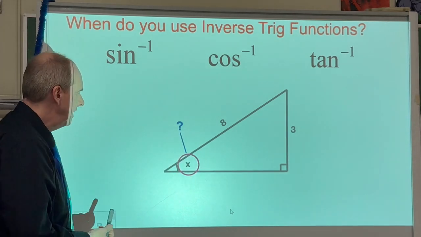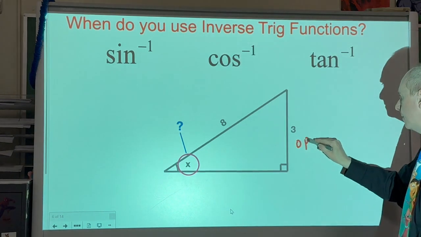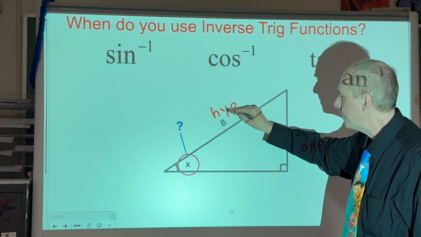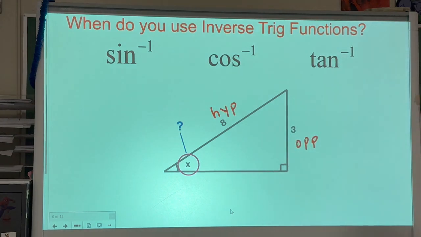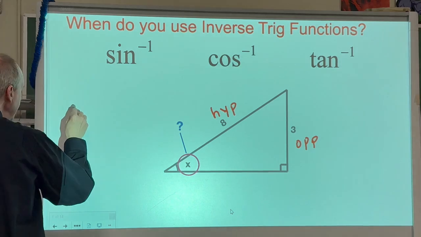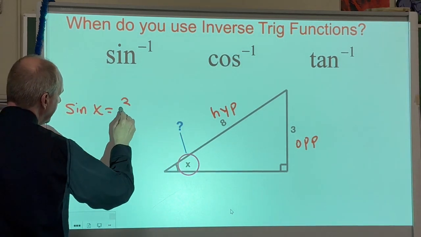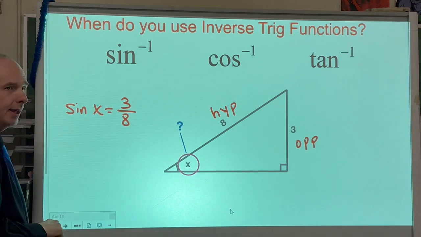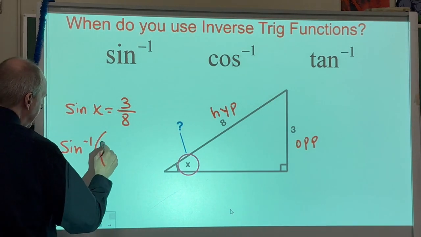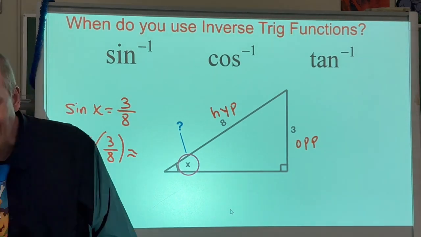So if I'm looking at this example, here's my x, this is my opposite, this is my adjacent, this is my hypotenuse. Opposite hypotenuse is a sine problem. If I want to find the sine of x, it's going to equal 3 over 8. If I want to know what x is equal to, I do second sine of 3 divided by 8, and it will give me the angle.